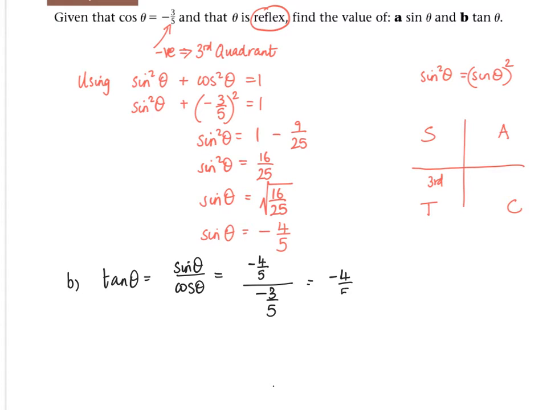So minus 4/5 multiplied by minus 5 over 3, which gives us 4 over 3. And that's using the identities that we have: sine squared plus cos squared equals 1, and tan equals sine theta over cos theta.